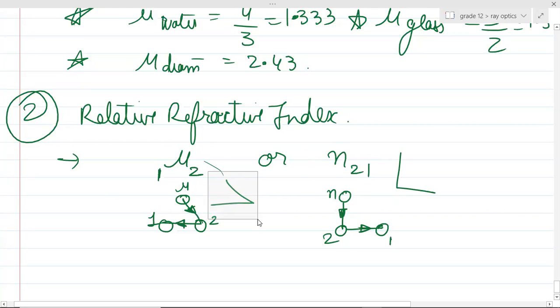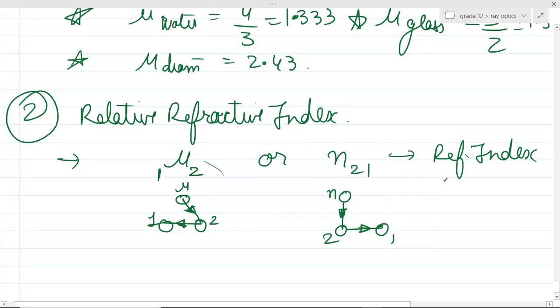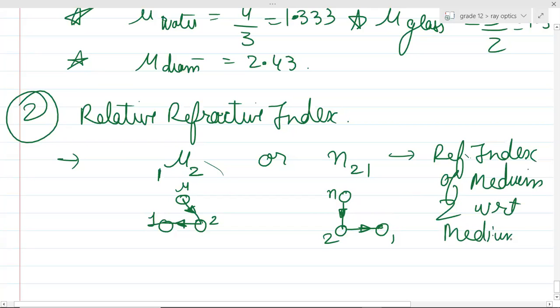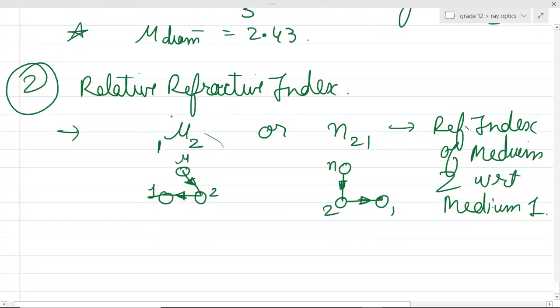These are two different notations, and they both represent the relative refractive index, or basically the refractive index of medium 2 with respect to medium 1. Is this clear? Both of them represent the refractive index of medium 2 with respect to medium 1.